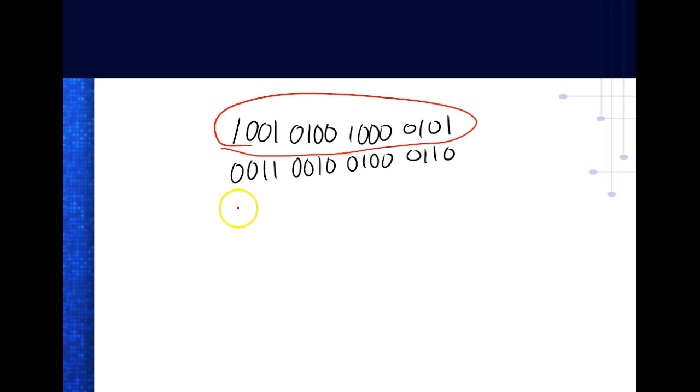And all I do is I come up here, and if it's a 1 up here, I'll make it a 0. If it's a 0, I'll make it a 1.